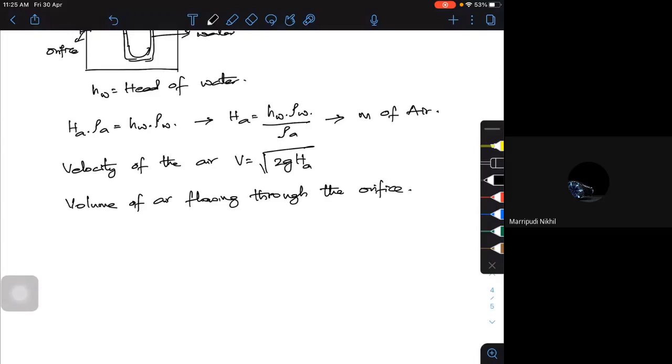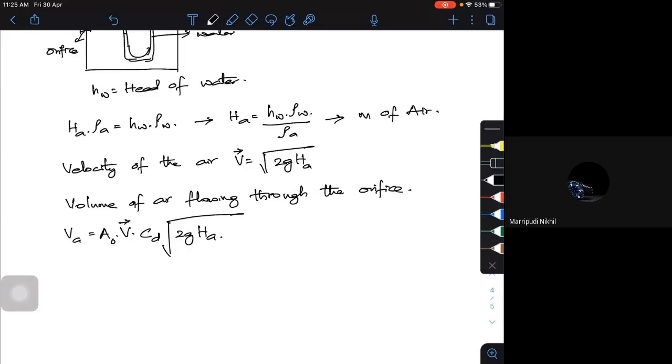This is given by the volume of air, that is QA or VA. This is given by the area of the orifice, into the velocity with which the fluid is flowing, multiplied by the CD of the orifice, given by square root of 2gHA.